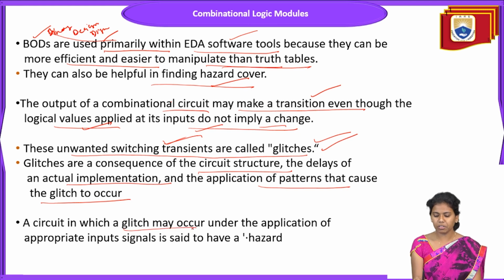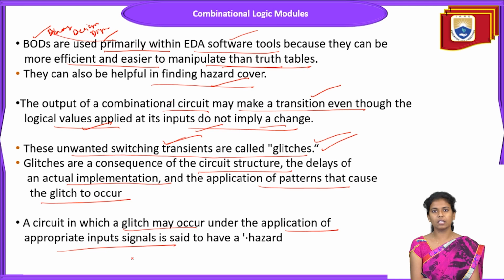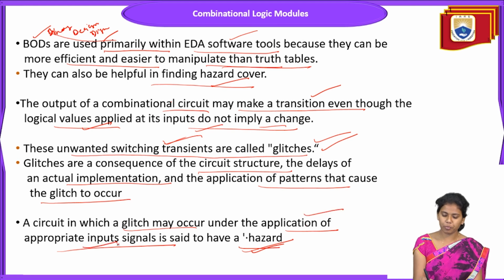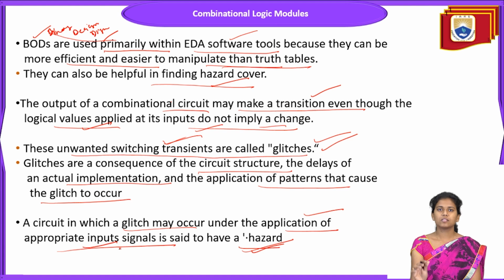A circuit in which a glitch may occur under the application of an appropriate input signal is said to have a hazard. Whatever glitches we are making, that is nothing but a hazard. Here the hazard is the glitch that may occur under the application of an appropriate input signal. The unusual changes that you make with respect to the input are nothing but a hazard.